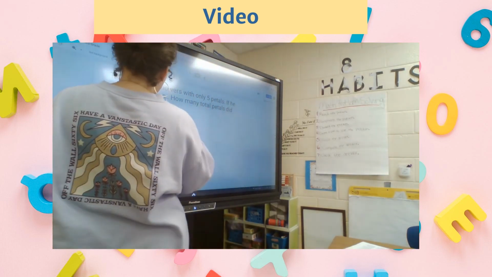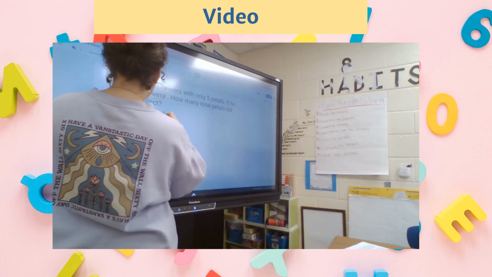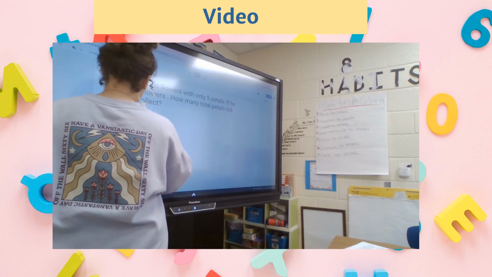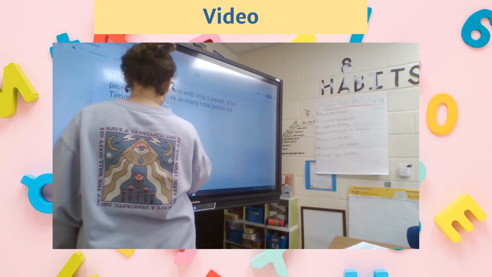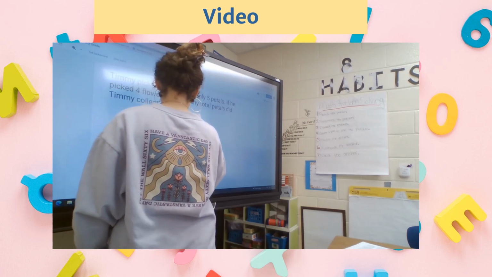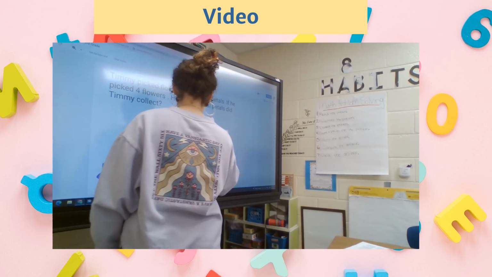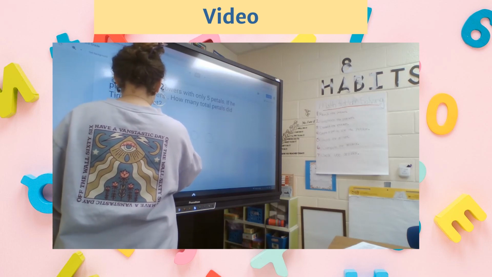All right, so he picked 4 flowers with 5 petals each. Okay, I'm gonna just draw 4 flowers. All right. And they each have 5 petals. That's correct.